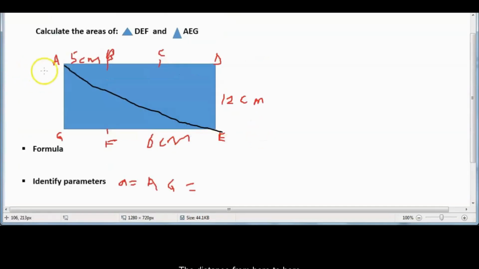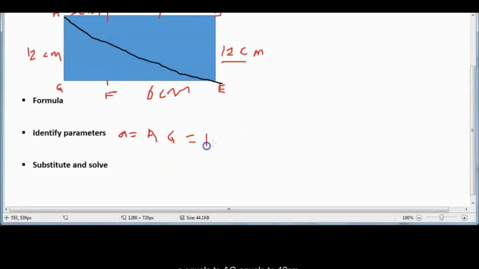The distance from here to here is A or AG and is 12 centimeters. It's the same thing as distance from D to E. So I'm going to use this 12 centimeters for this. This is also 12 centimeters. So A equals to AG equals to 12 centimeters.